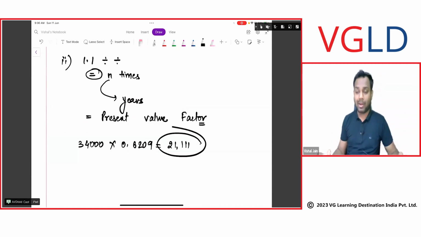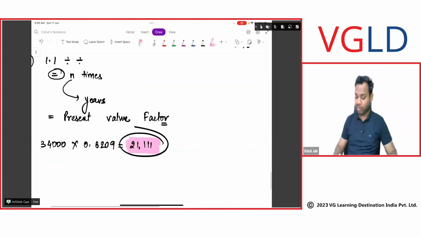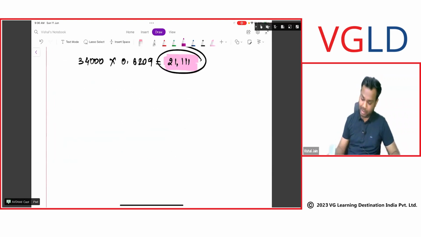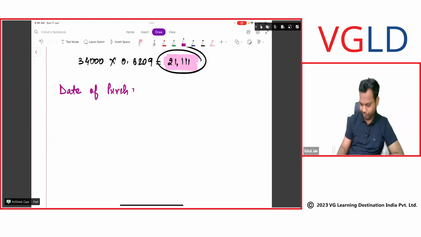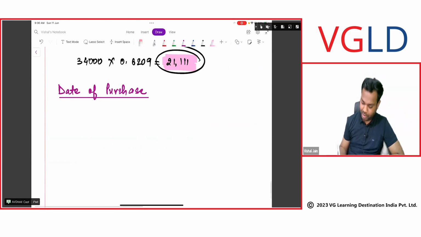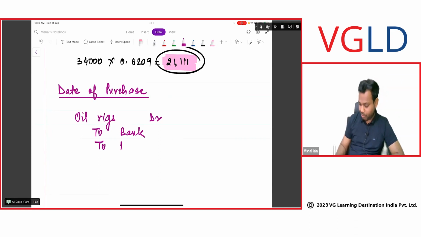This is the calculation of the decommissioning cost. Now how to account for it? Understand the accounting treatment, okay? On the date of purchase, we will write: oil rig account debit, to bank, to provision for decommissioning costs.